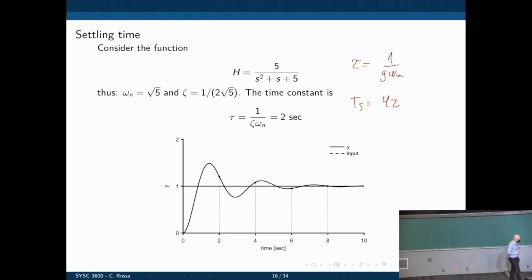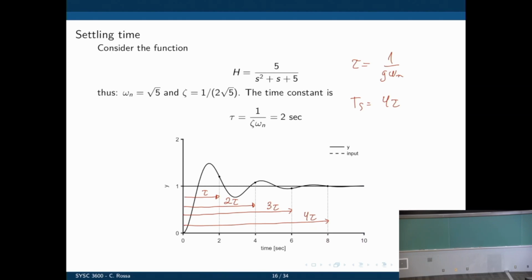Here is the time response I plotted with MATLAB, and the time constant is 2. So we have here 1 time constant tau, here we have 2 tau, 3 tau, and 4 tau.